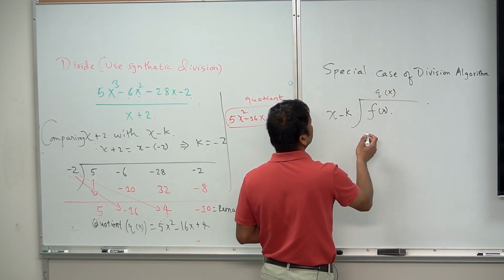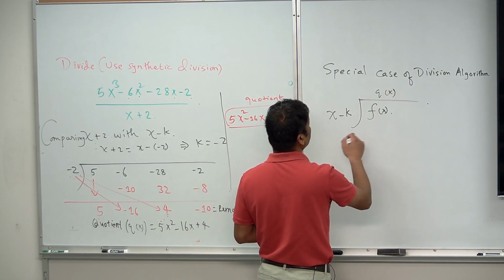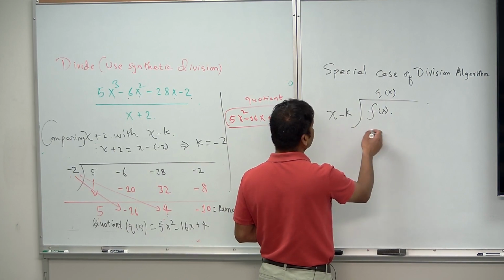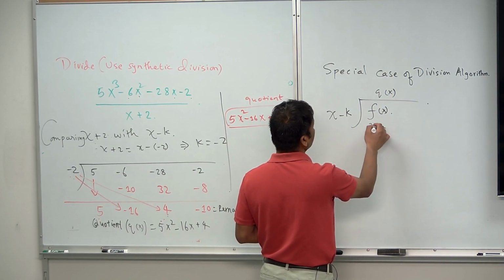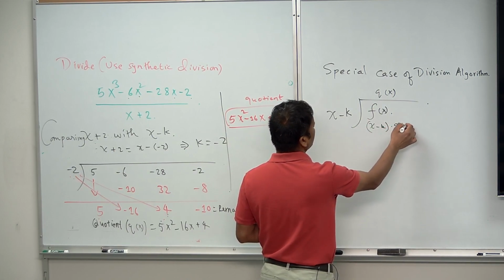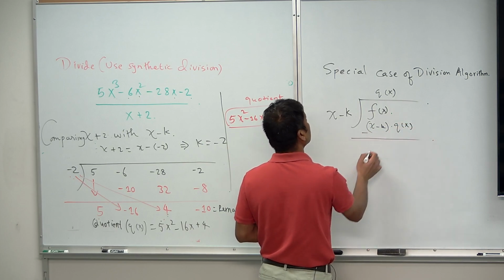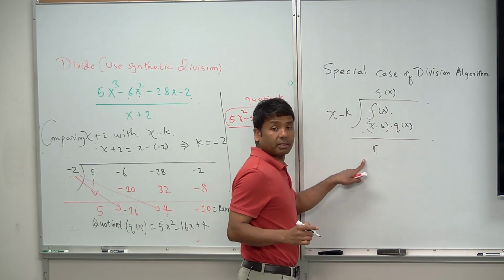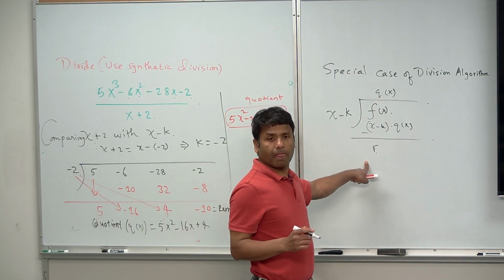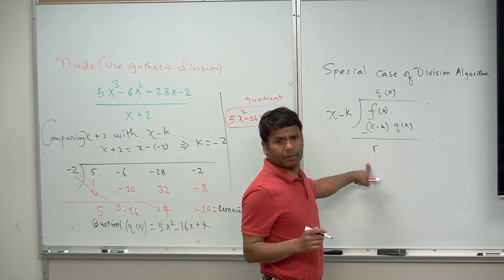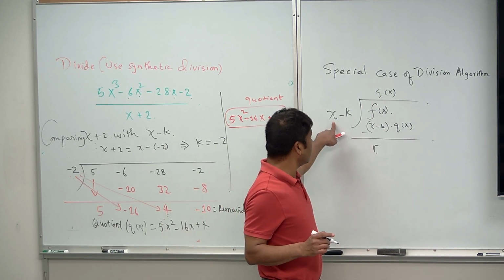This is going to be (x minus k) times q(x), and when you subtract this, you will have r. The remainder is a number in this case. You know that, right?